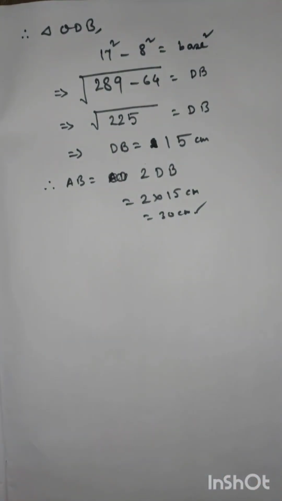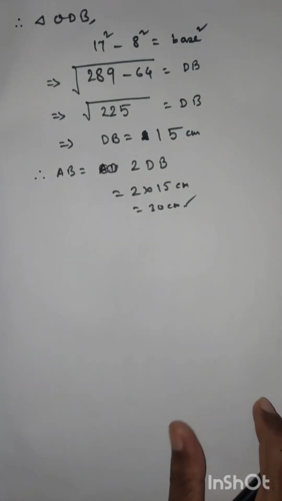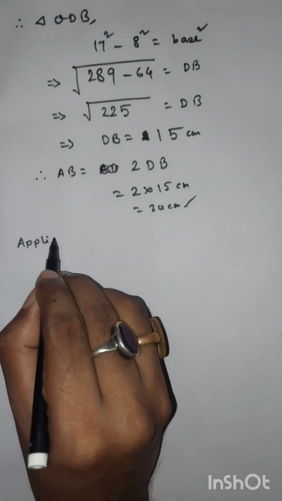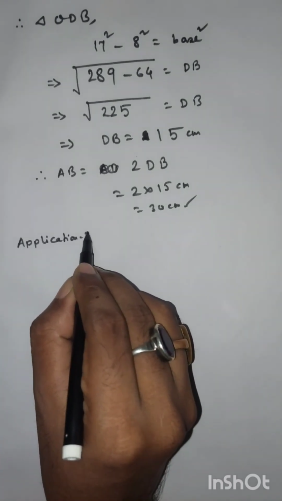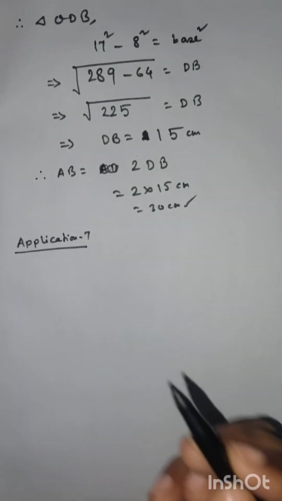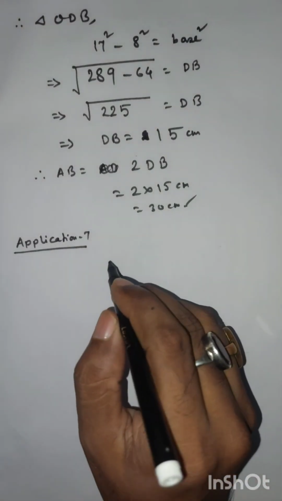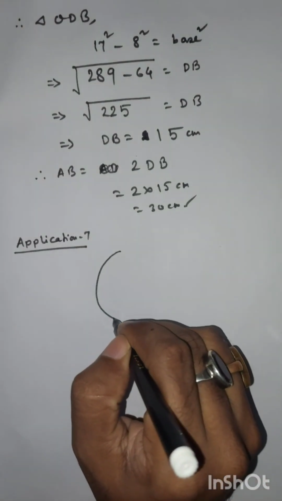Now let us proceed to another application. Application 7. It has two parts. So this is a circle.